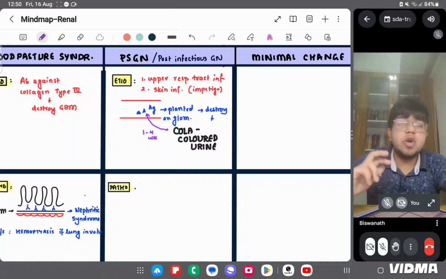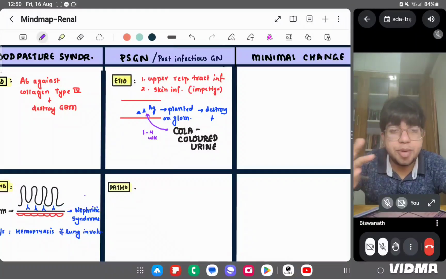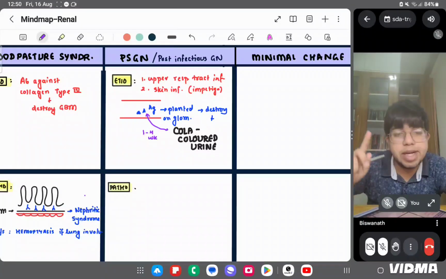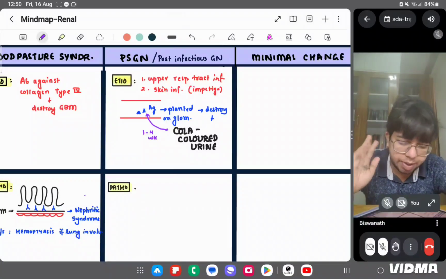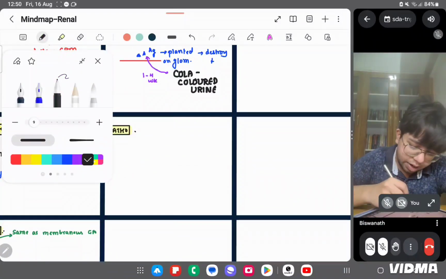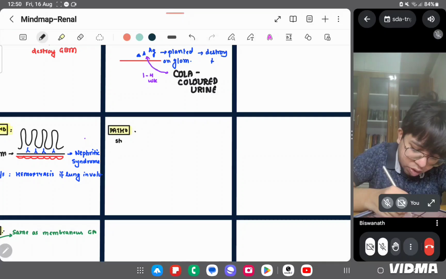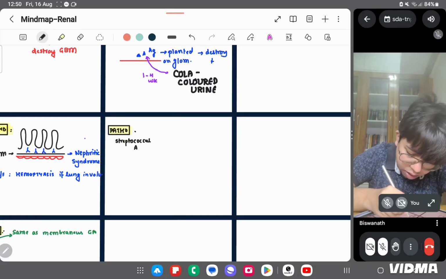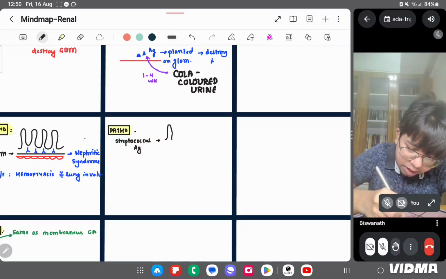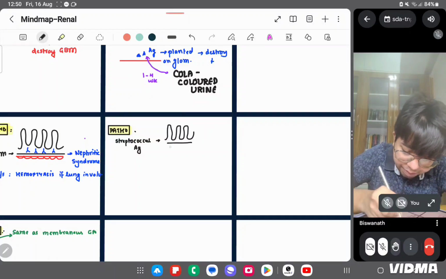So streptococcal antigen will be deposited in the glomerulus anywhere, most commonly in the subepithelial space, but it can deposit anywhere. Just remember this statement. So the pathogenesis is that streptococcal antigen will be deposited anywhere.